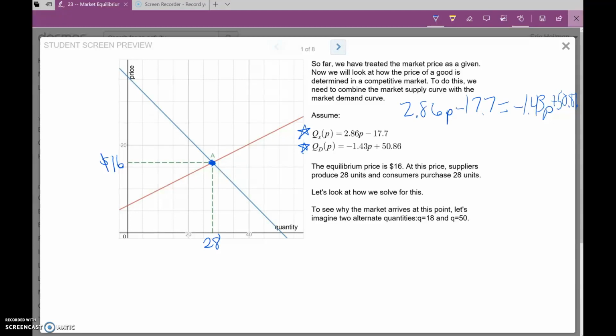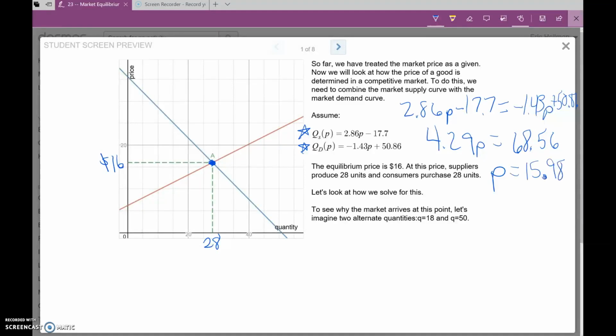So 2.86 plus 1.43, 4.29p is equal to 50.86 plus 17.7, 68.56. Divide both sides by 4.29, and you get that p is equal to 15.98.